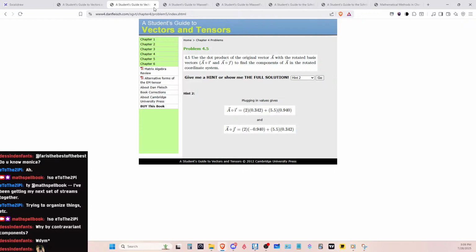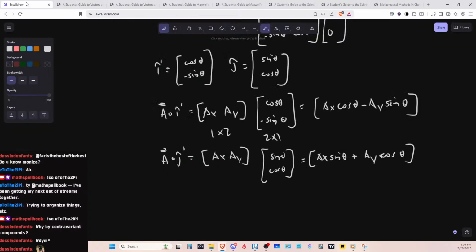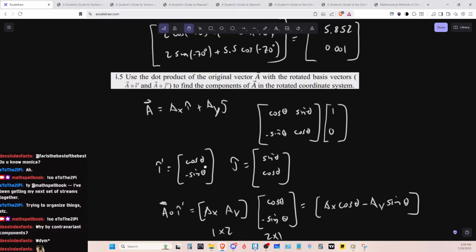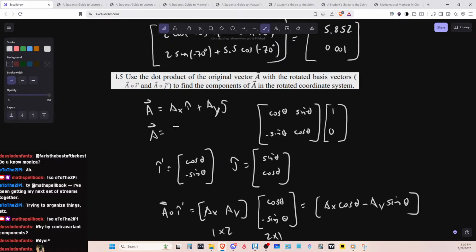Looks like they want us to use the same angle. So they want us to use the same vector. Yeah, so it's supposed to be. I wish they would just reference the actual question number that we were working with.